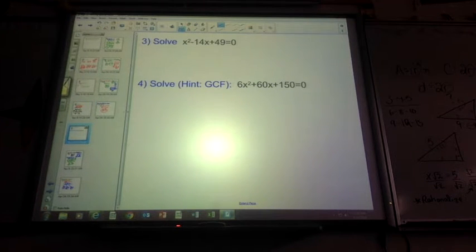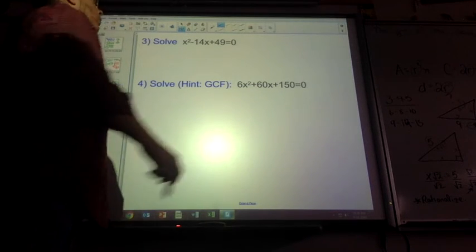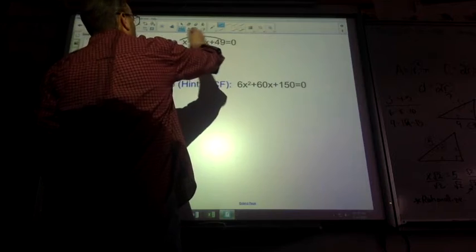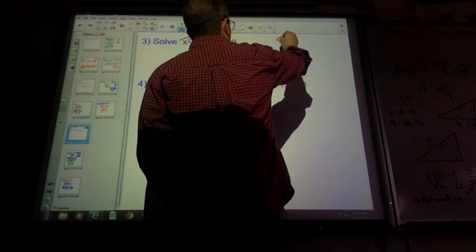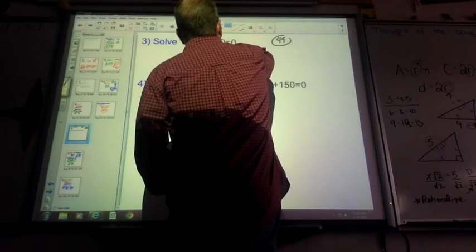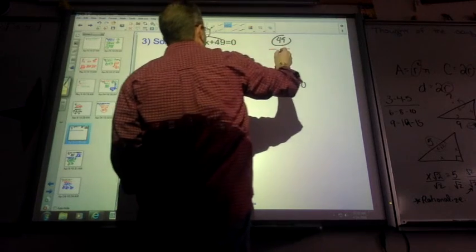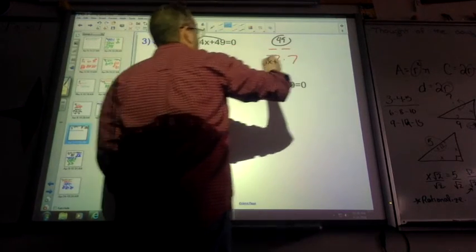All right, so this one up top, x squared minus 14x plus 49. It probably is a perfect square trinomial. I would just continue to do it the same way, saying, okay, I know I need to get to positive 49. I know because that's negative, both signs are the same. And this is going to be the 7 and the 7.